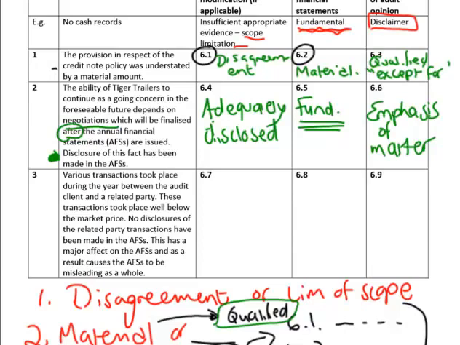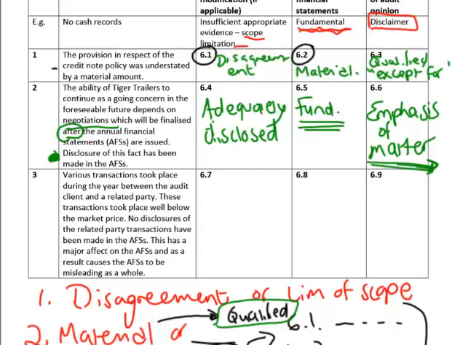Bear in mind you can only do an emphasis of matter if they've actually disclosed something, because an emphasis of matter points the users of the financial statements to something specific that we need to make sure they read. We can't point them to something that hasn't been disclosed, right? So when something has been disclosed, we point it out so that they can actually read it.